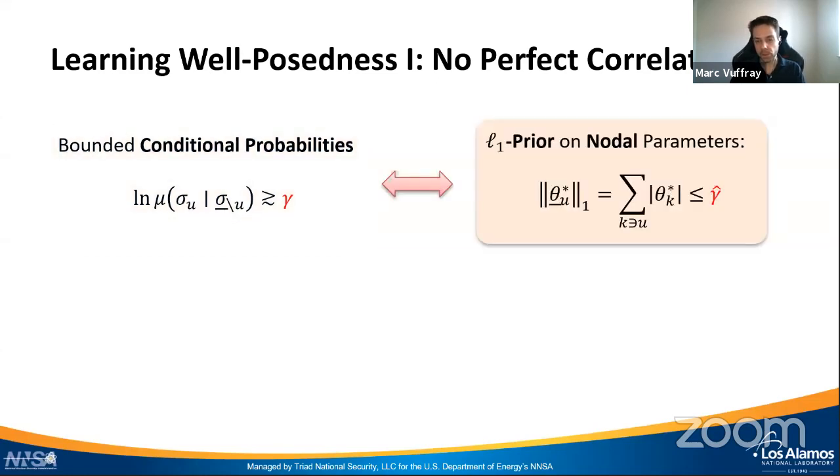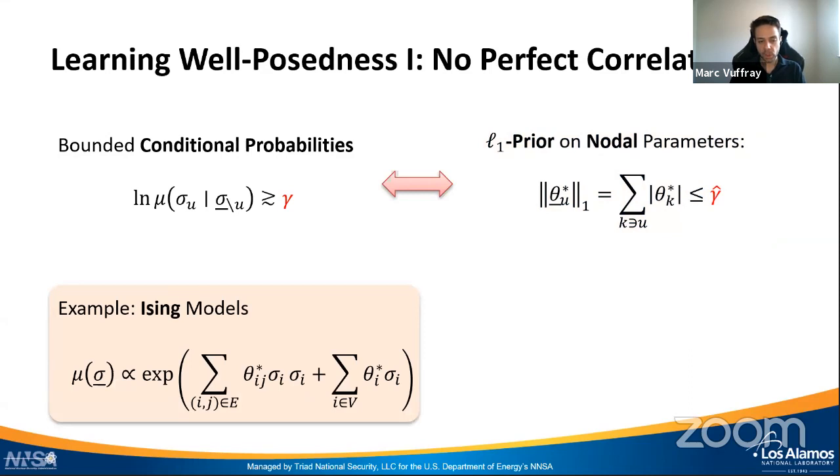This translates, more or less, into the parameters in your exponential family involving one variable being bounded in L1 norm. It's not a strict equivalence, but if you impose the prior on the L1 norm, then you will have bounded conditional probability in this way.